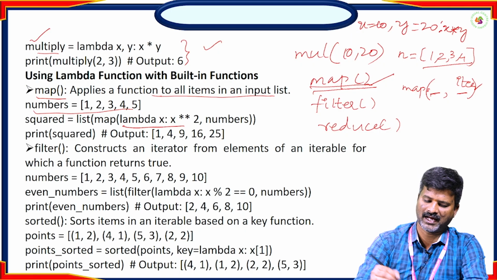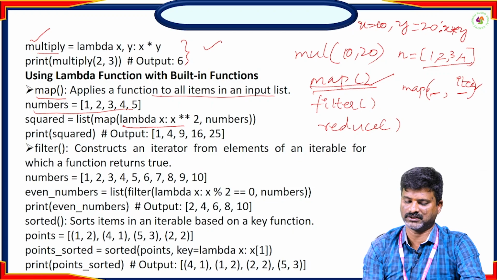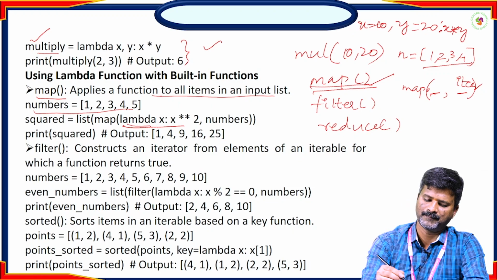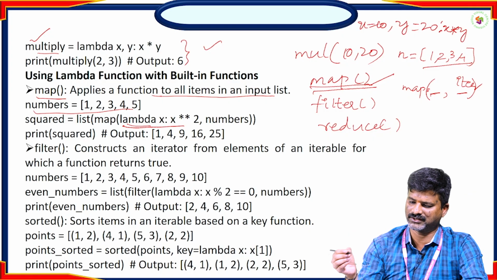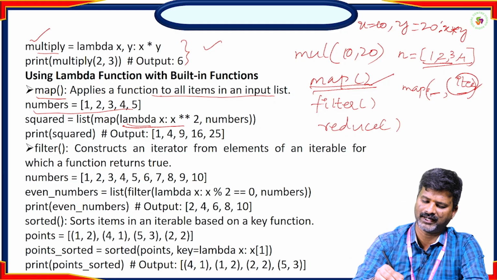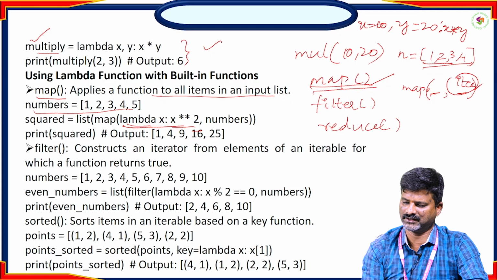You can also define your own user-defined function and specify its name here instead of a lambda function. So lambda, then one argument, meaning each element I need to consider from this iterable list n, and then I need to perform the square of each and every element in the list.